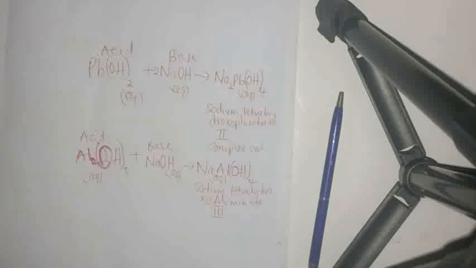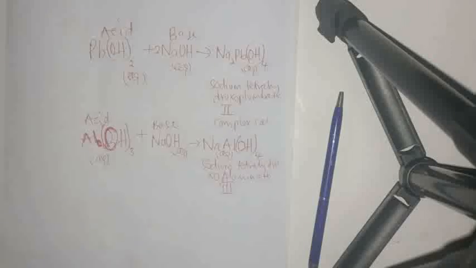So those are just ways in which you can represent these hydroxides and oxides behaving both as acids and as bases, to refer to them as amphoteric ones. And maybe if you use zinc, you can also have this.